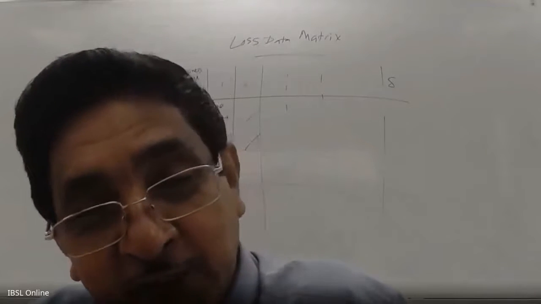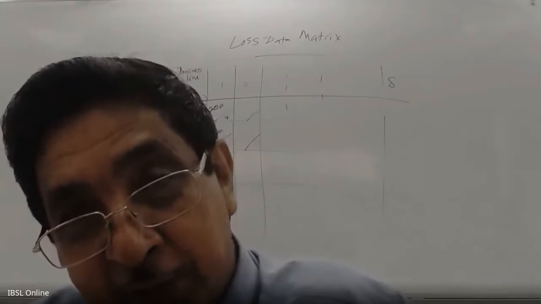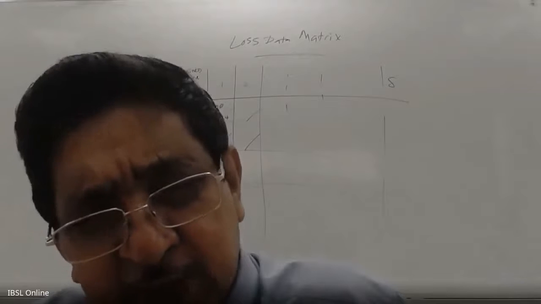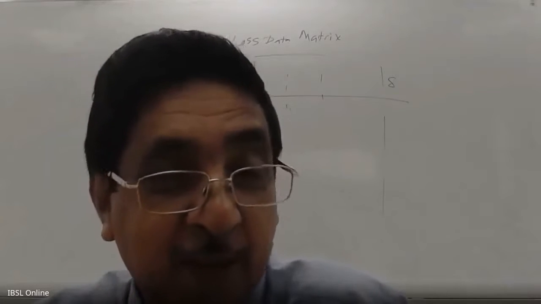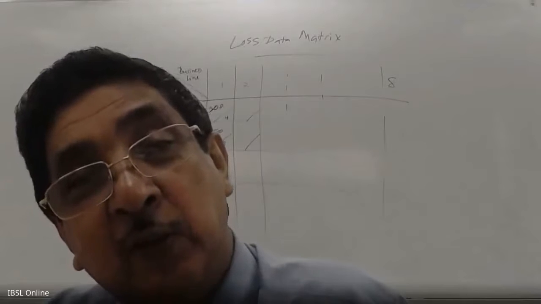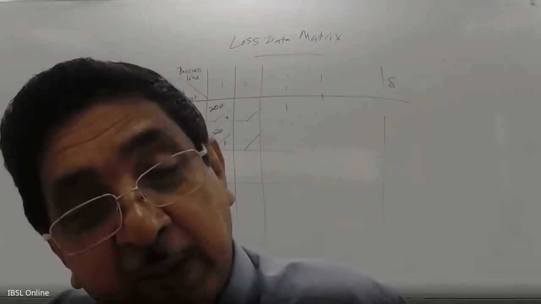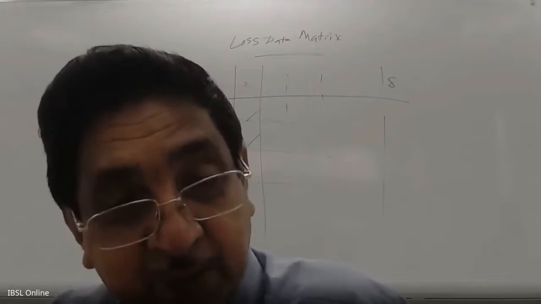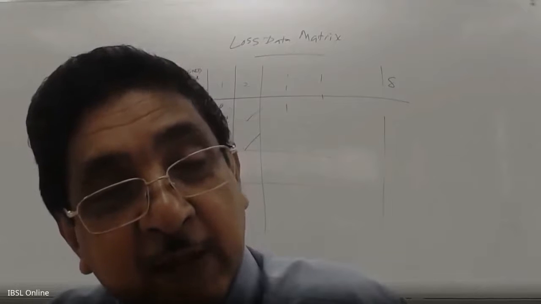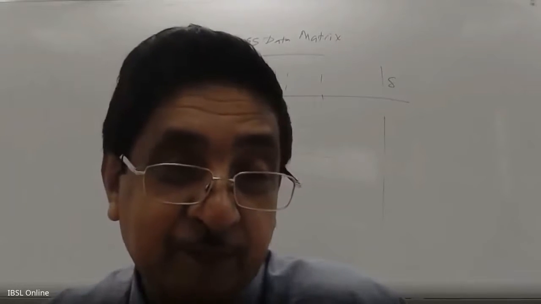As I told you earlier, if your organization has 7 risk event types and 8 business lines, I don't think this is a hard and fast rule, as the business lines and risk event types can differ from organization to organization, but at the standard level there are 8 business lines and 7 risk event types.